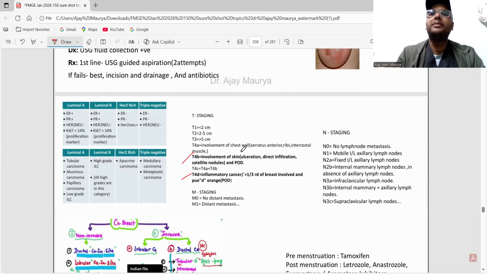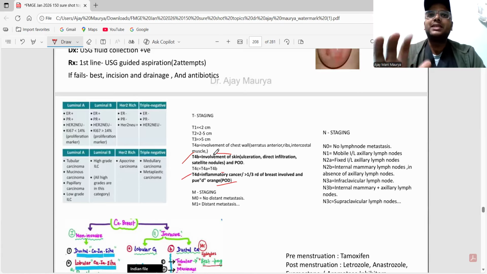T4B is involvement of the skin, ulceration. T4D is the inflammatory cancer, associated with peau d'orange.